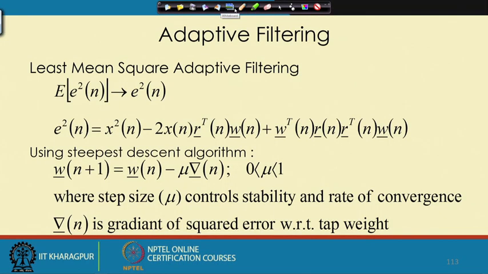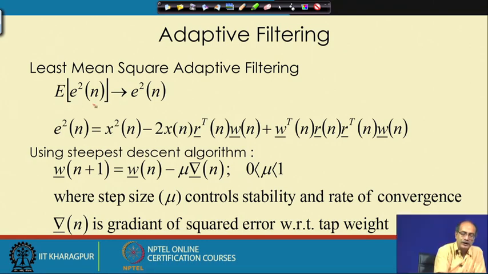Now, the change: looking at that optimal filter, in case of optimal filter, we have taken the expected value of e squared n that we computed by the assumption of stationarity and the ergodicity of the signal, and we have replaced the expected value of the square of error with the sum of the error over time.